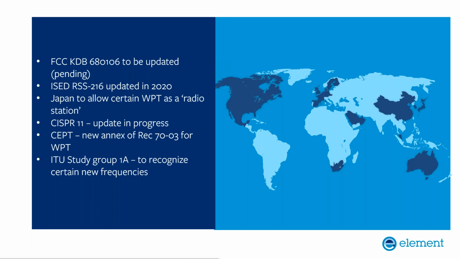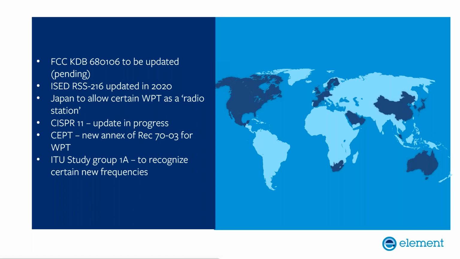In Europe, we have the CEPT. So CEPT is the European Conference of Postal and Telecommunications Administrations that coordinates spectrum planning across Europe. They have a document called Recommendation 70-03. 70-03 is, as it suggests, a recommendation, but it is a very useful document if you were thinking about deploying a WPT type system, to see what frequencies would be available to be used.